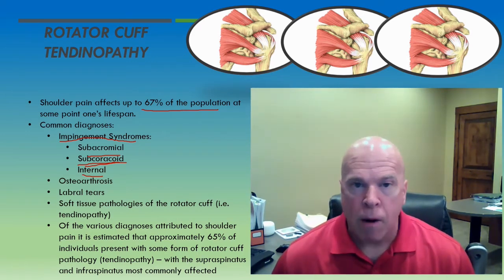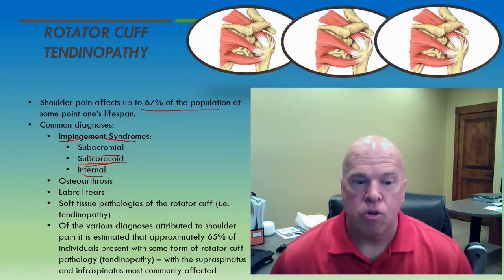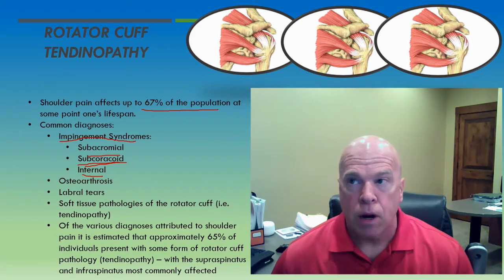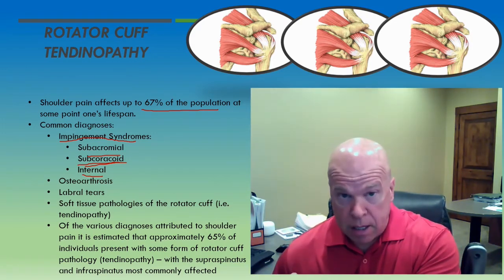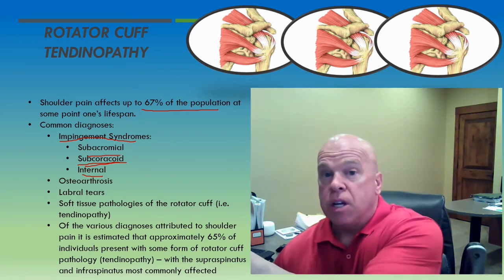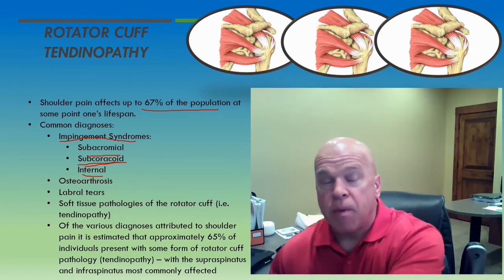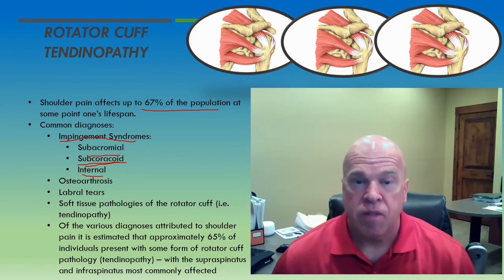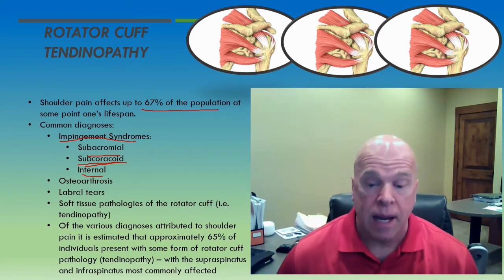Now, this is rarer in the industrial setting than the subacromial impingement syndrome, because it requires repetitive, loaded shoulder adduction, flexion with internal rotation. This is not a common type of movement encountered in the industrial setting, whereas it's very common in the sports and physical activity setting.